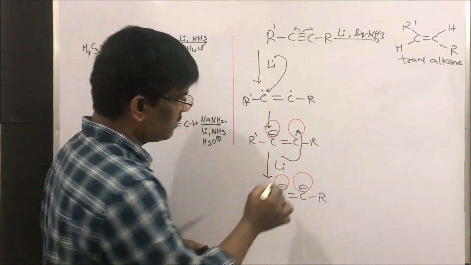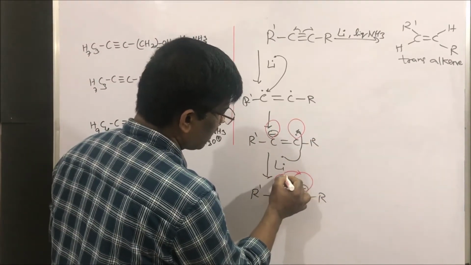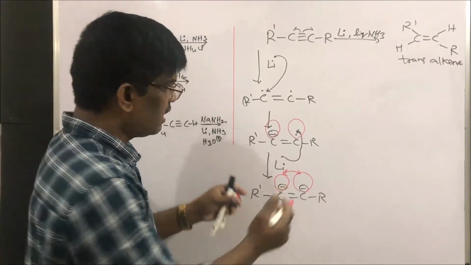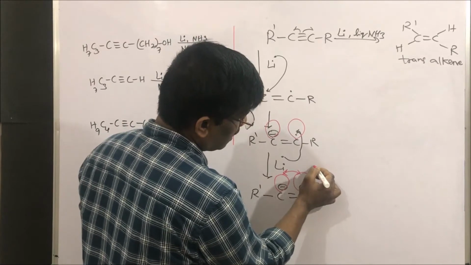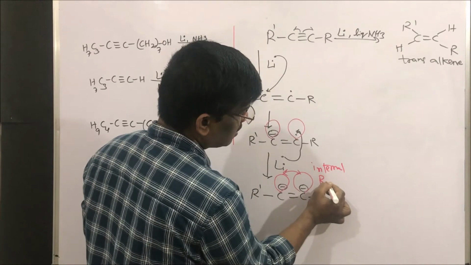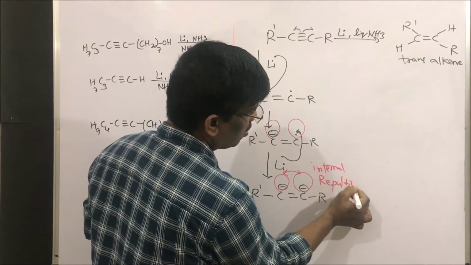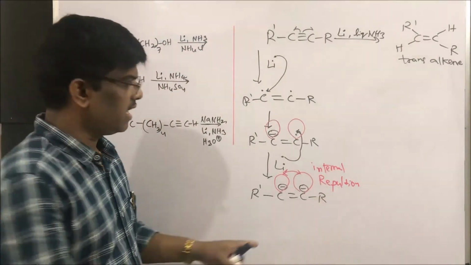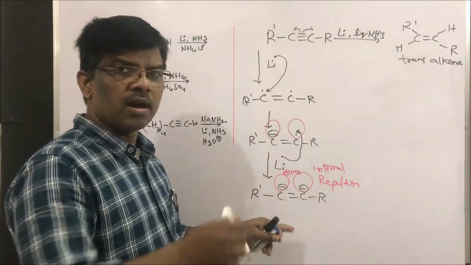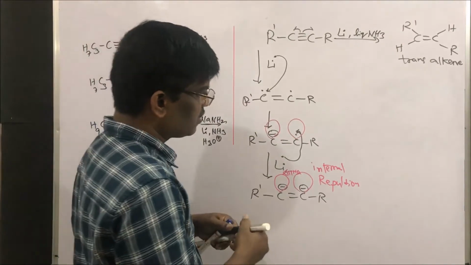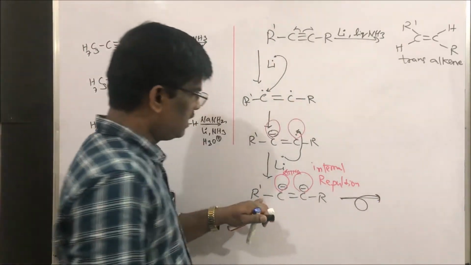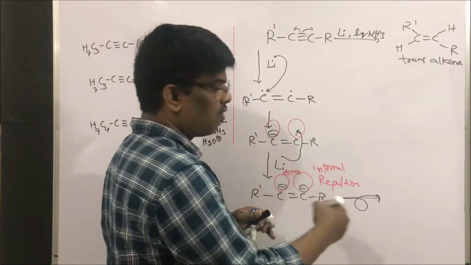But at this stage, what is happening? Yes, the two ions are adjacent to each other and there is internal repulsion. So this is not stable. Repulsion is there, isn't it? To overcome this repulsion, it is going to rearrange this way. So this comes down.